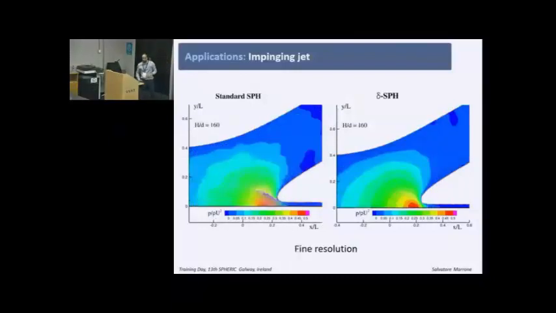And if we increase the resolution, in both cases the noise is less, but still in the standard SPH, in this region where particles have to rearrange, we still have some noise that is generated.